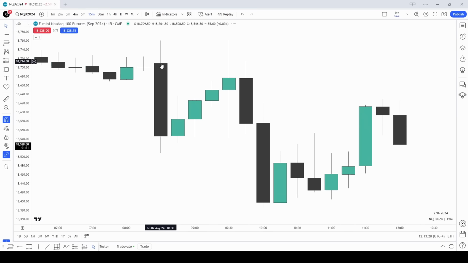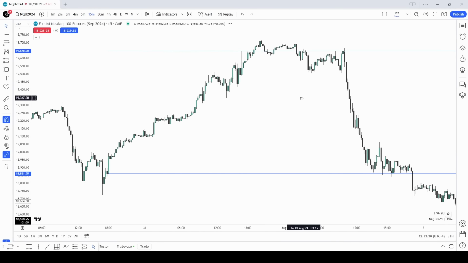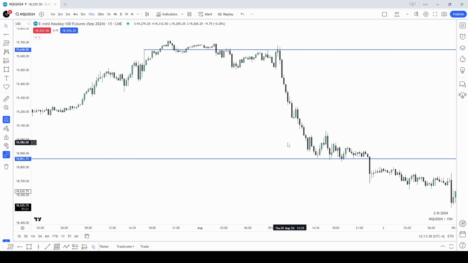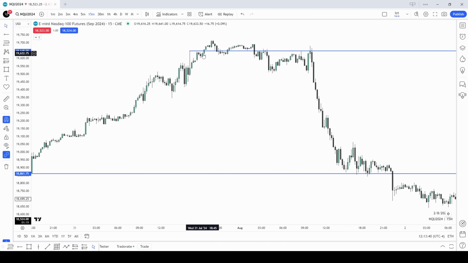Now, once we dive into this range here, you can see that this candle here, that wick is the high. This is the low of the candle. Look what happens. We trade above the high, taking out buy side liquidity. Now we wait for a shift in market structure.